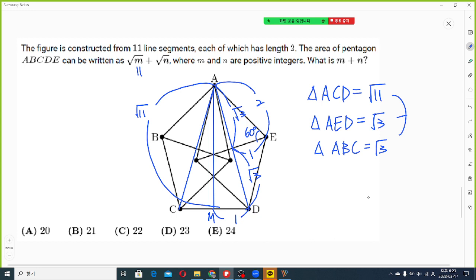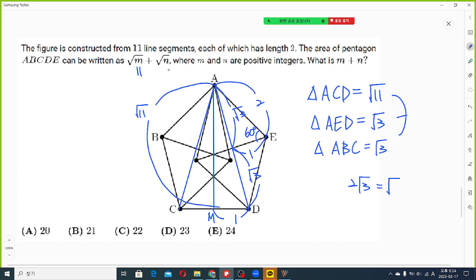Is there a way to put that into one radical? I do not have a calculator, but you might not need one. Can you make this 2 go inside the square root? This one is equal to the square root of which number? 2 root 3 is the square root of 12.